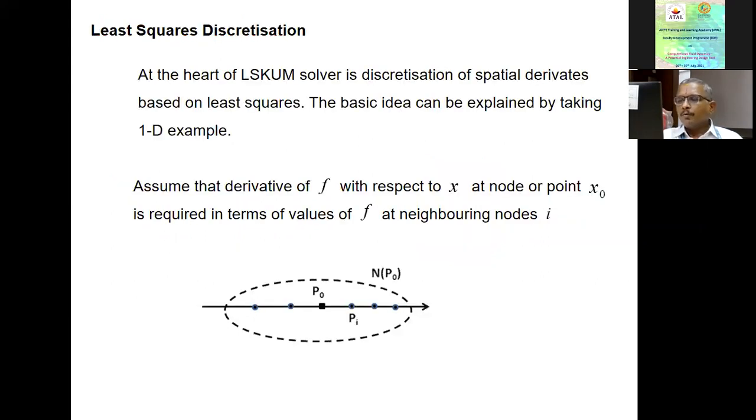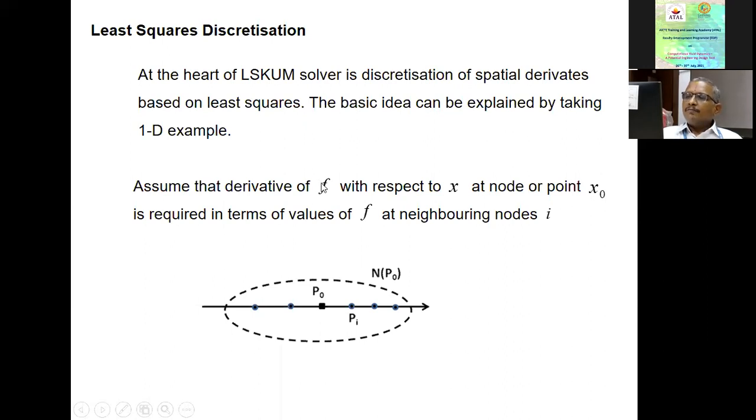So let me go back to very simple 1D. Repeating the same problem, but simplifying it in terms of one dimension. Suppose we want the derivative of any quantity, let us say F. With reference to solving the conservation equations, this F will represent the fluxes.